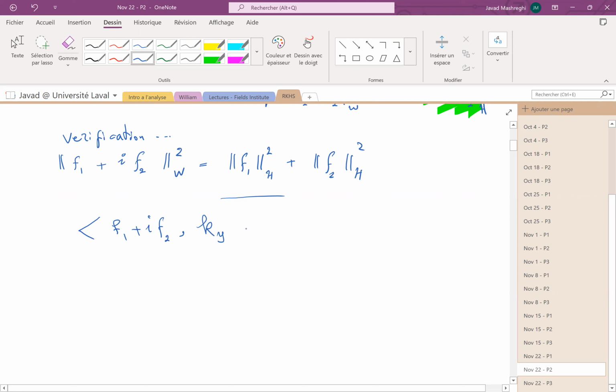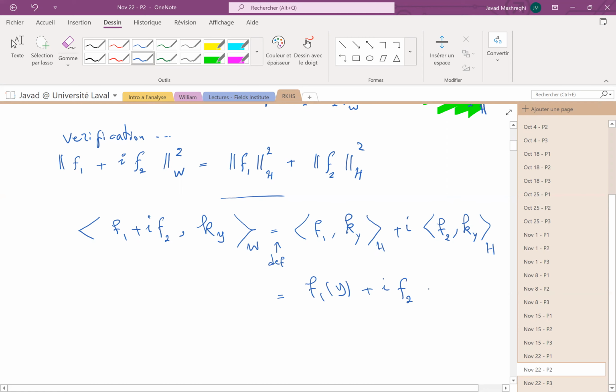So this is a real function in W. Based on the above definition, it is the inner product of f1 with k_y in H plus i times the inner product of f2 with k_y in H. That's our definition. And based on the property of the kernel function, the first one is f1 evaluated at y plus i f2 evaluated at y.